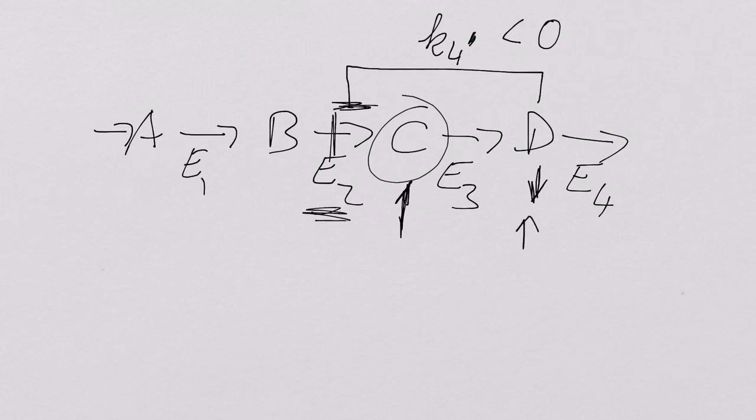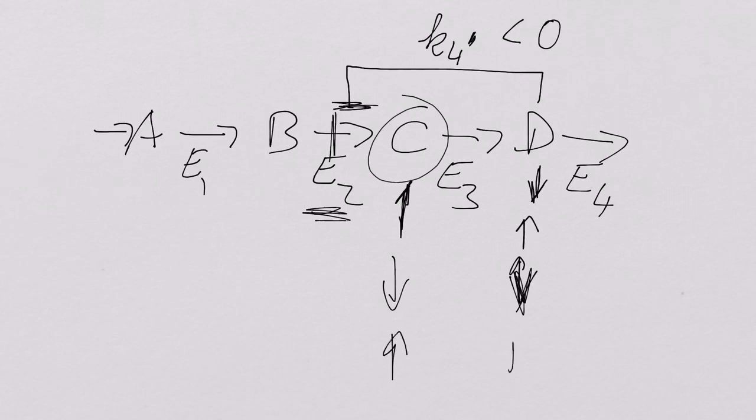Absolutely. What happens if D goes up? What happens to C? If D goes up, C goes down. What happens if C goes down? What happens to D? D goes up. Down, sorry. Yeah, D goes down. What happens if D goes down? What happens to C?